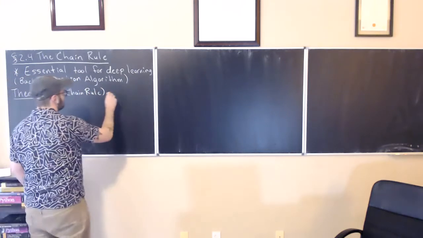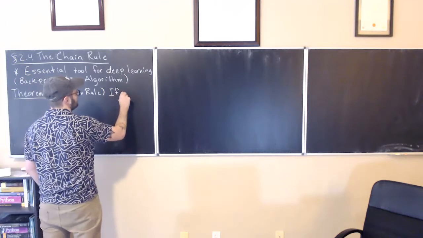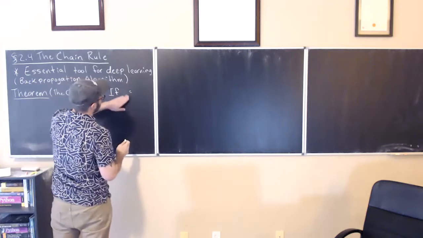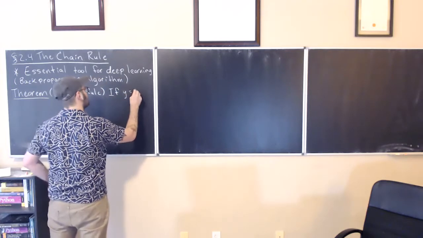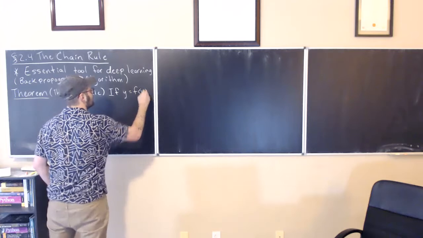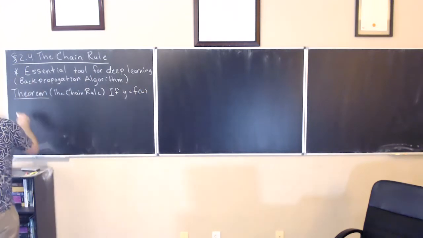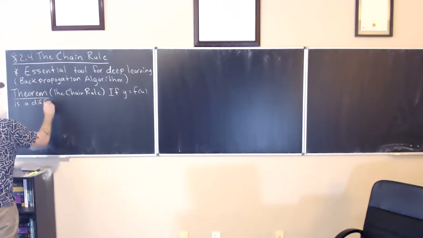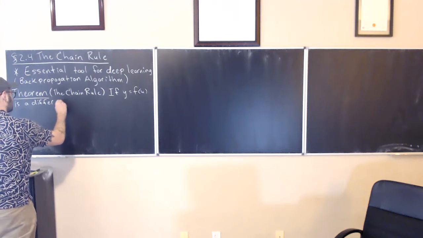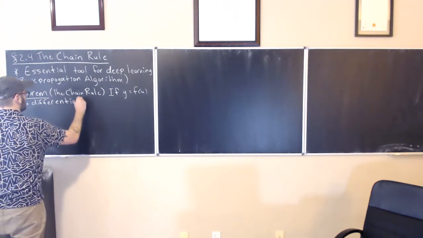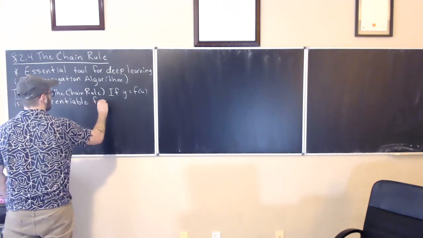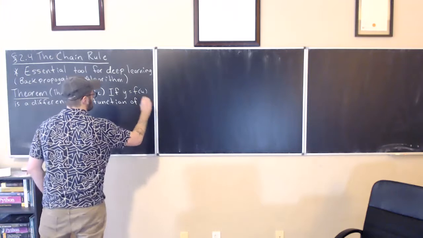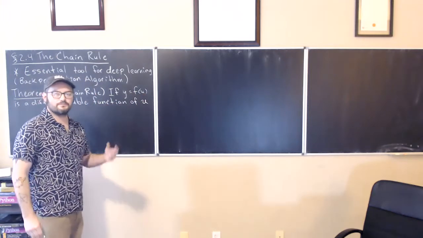So we're going to say that if y is equal to f of u, so f is a function of u, so if y is a differentiable function of u, right, so the variables for the function y are u's, not x's.